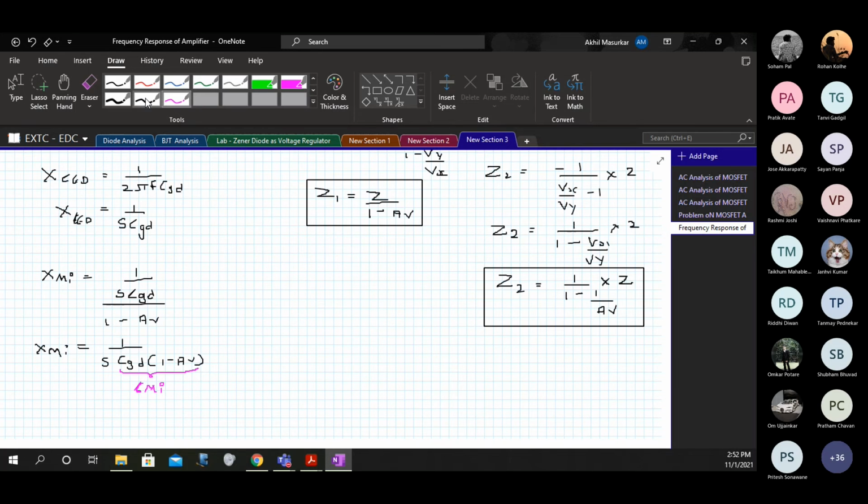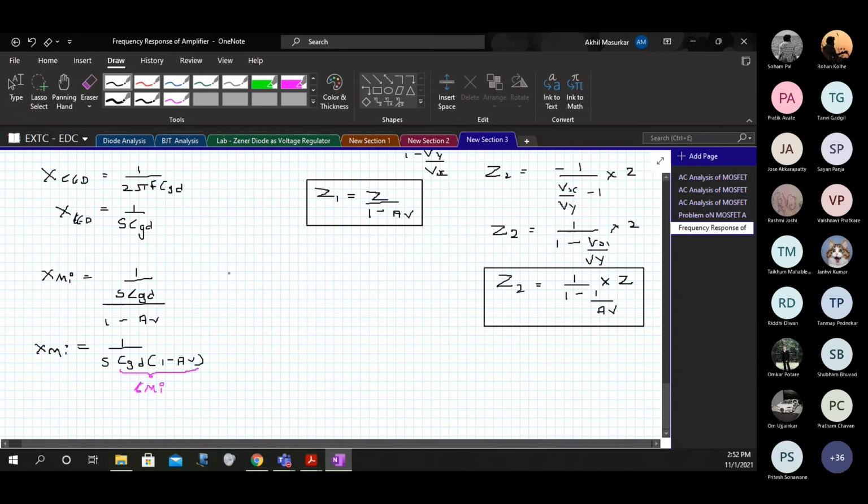And if you do the same thing for the output side, so X Miller on the output, that will be Z, that is 1 upon SCGD into 1 minus 1 by AV.